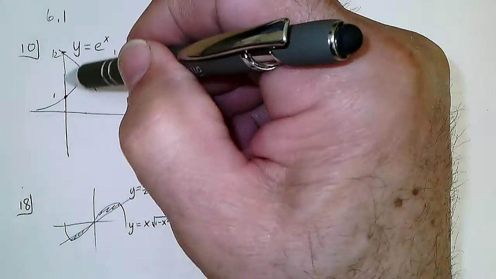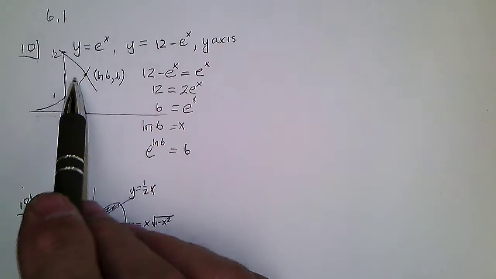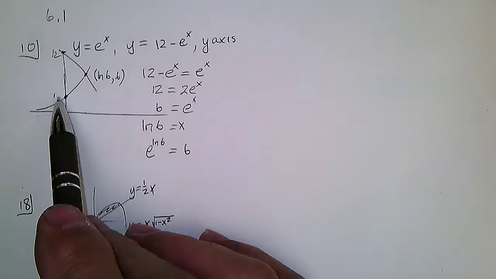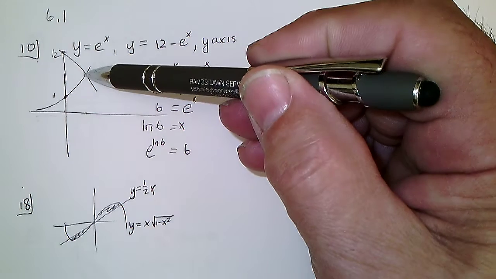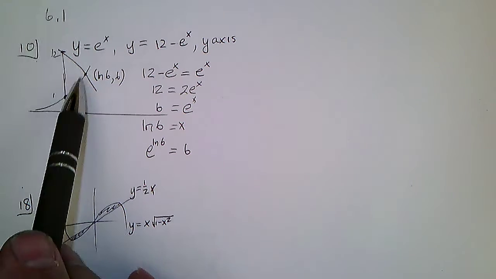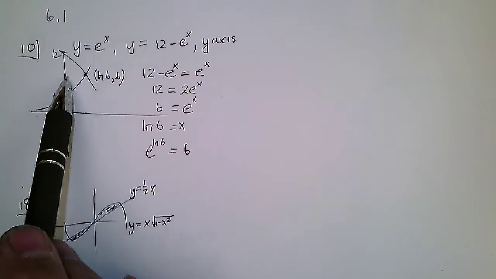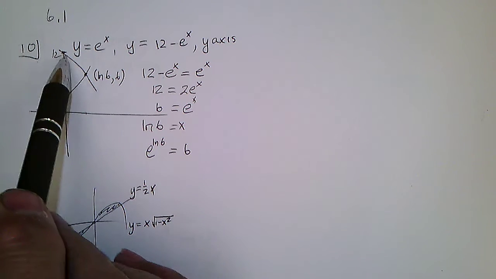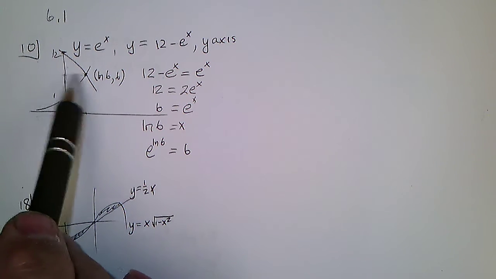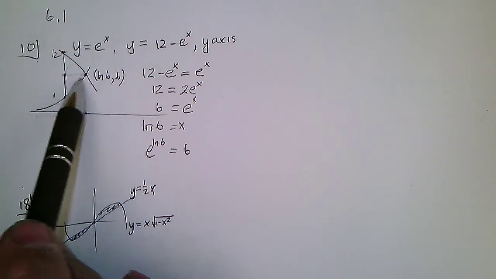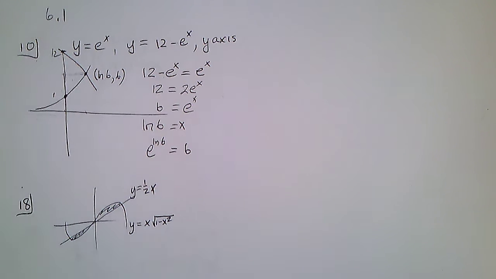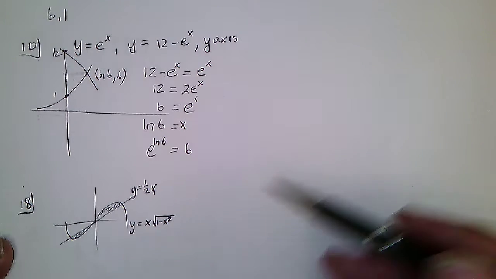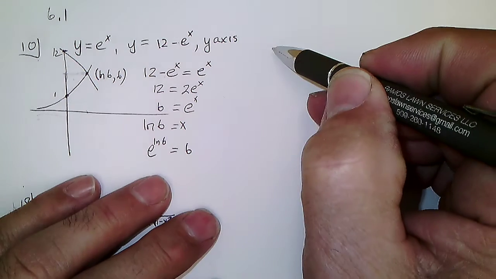Now, if I want to find the area between the curves, I can take this one minus this one from 0 to ln 6, or I could take the area under this curve going horizontally, and then the area here horizontally, or just this one and double it. So we've got a couple ways to do it. Let's set up both of them here.